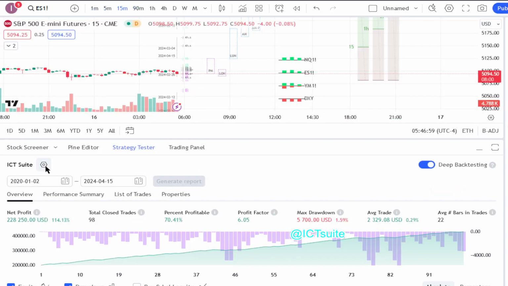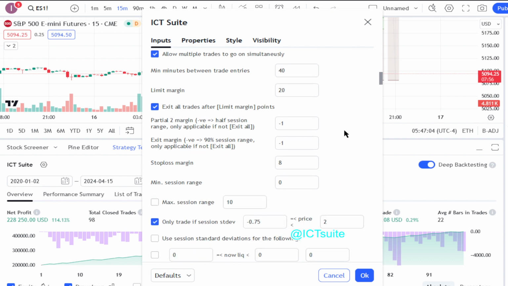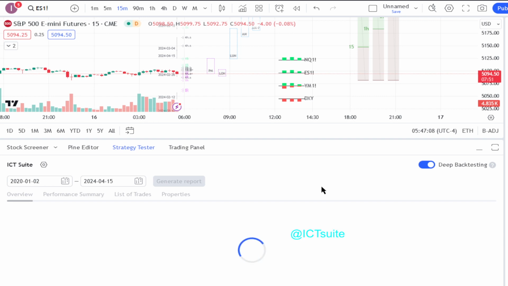Let's continue. So we go up to 9 points in stop loss.